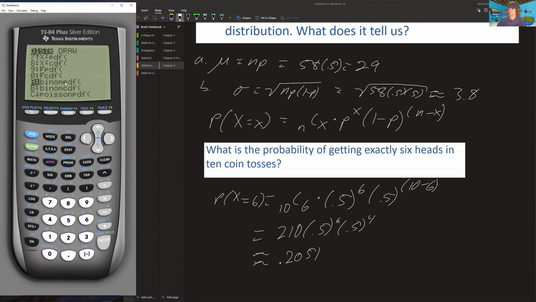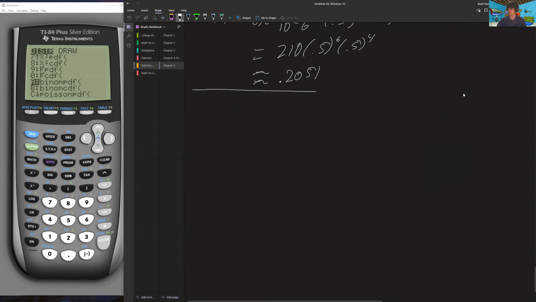Now, here's PDF and CDF. I just want to mention what the difference between a binomial PDF and binomial CDF is.